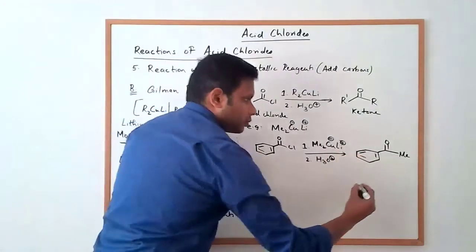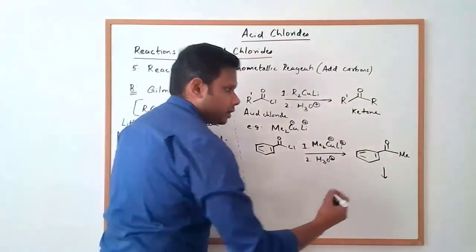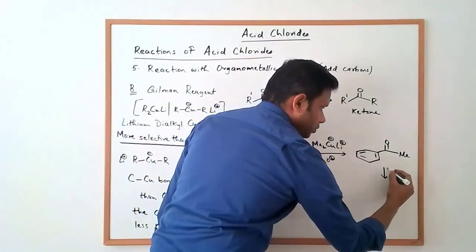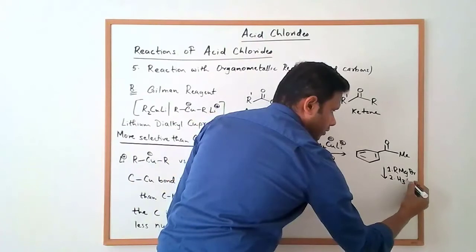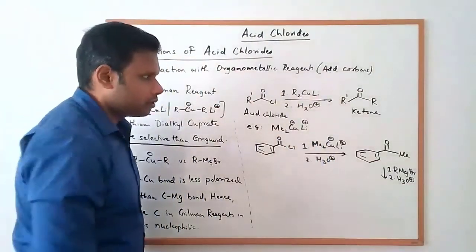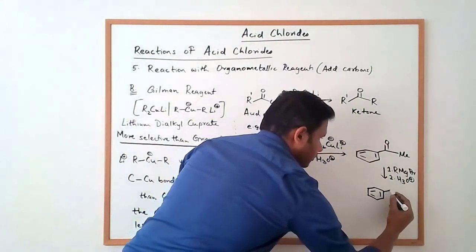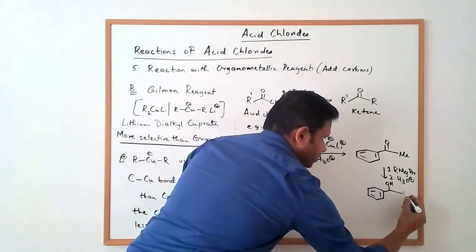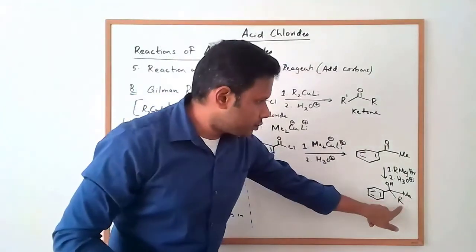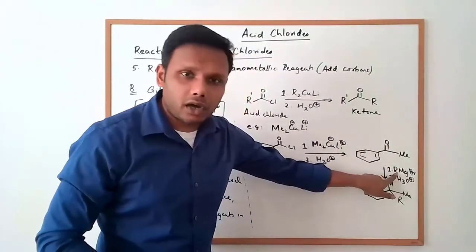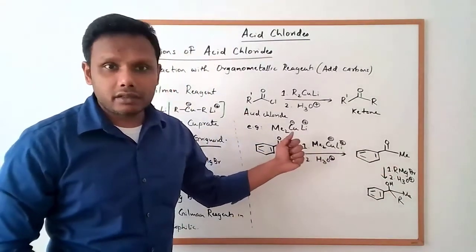Once you have this ketone, you can now add a Grignard reagent, and following it up with an acidic workup, it will give a tertiary alcohol where I can have two different R groups, because the R in the Grignard reagent does not have to be the same R that was in the Gilman reagent.